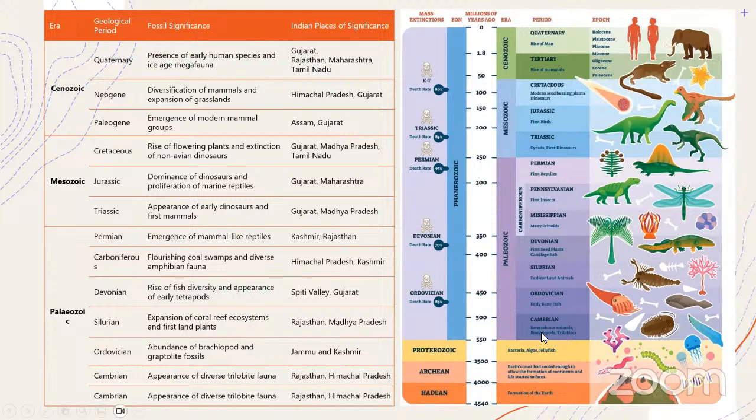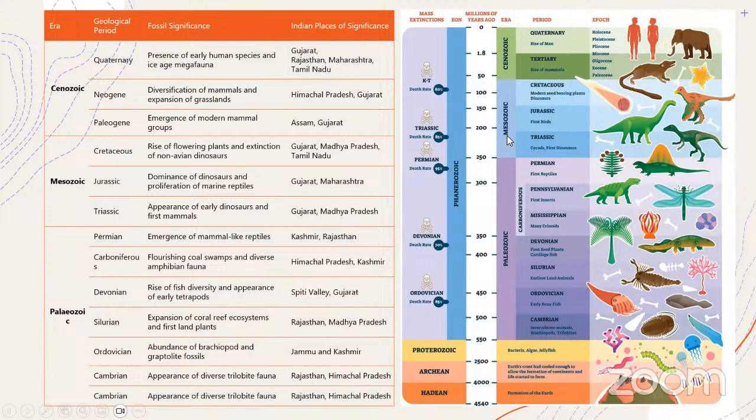Like in the Cambrian, invertebrate animals, the brachiopods and trilobites are there. In the Ordovician, early bony fishes. In the Silurian, earliest land animals. In the Devonian, first seed plants and cartilage fishes, and in the Mississippian, many crinoids.